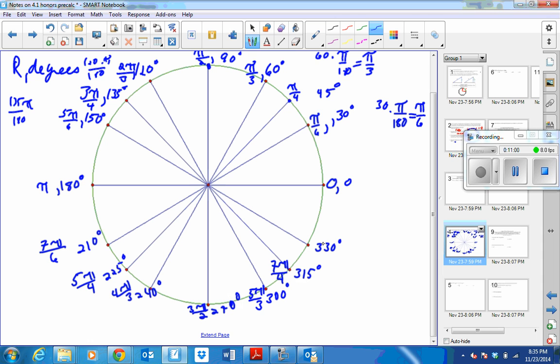And then 330 over 180, that's divisible by 30, and that's going to give us 11 pi over 6. And then now we're back to our beginning, and so we can say that it's 0 radians, or once we've gone all the way around the circle, we can say that it's 2 pi radians.